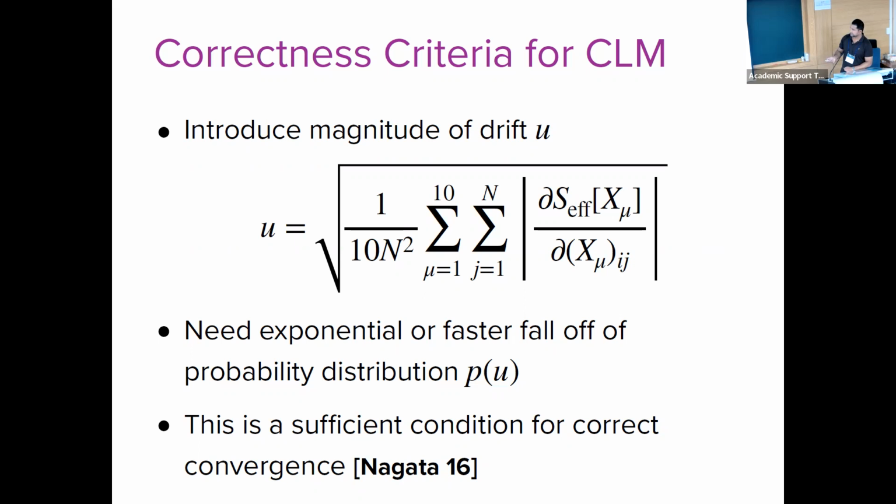So look at the probability distribution P of u, which is coming from this, and this probability distribution should fall off exponentially or faster. So that is one correctness criterion. So we always monitor in our evolution whether it's falling off that fast or not. This is a sufficient condition for correct convergence of complex Langevin. It was shown by Nagata and others in this reference.